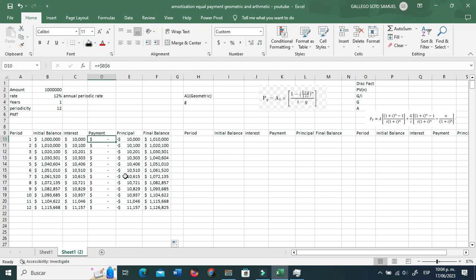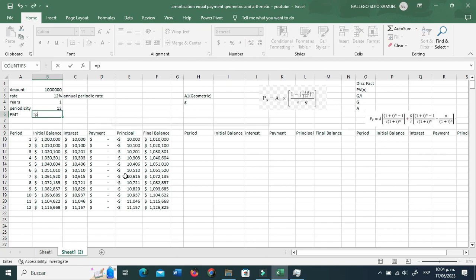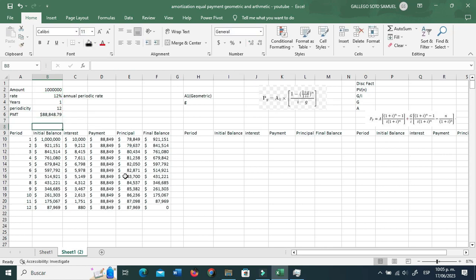Okay, so now I'm going to be finding out what the payment is here. So PMT, and the rate divided by the periodicity, the number of periods, which is the number of years times the periodicity, times minus the initial amount, and then you have it.